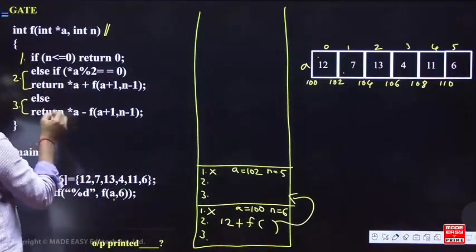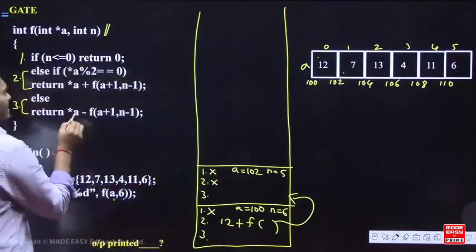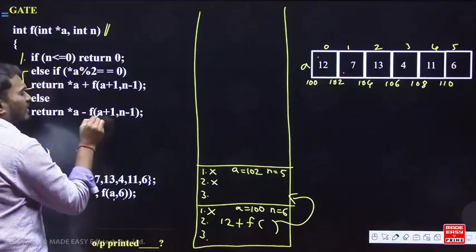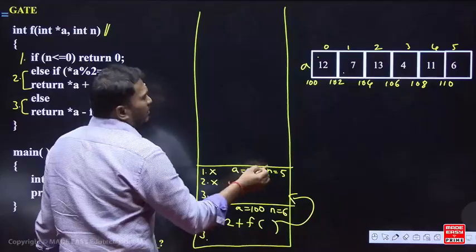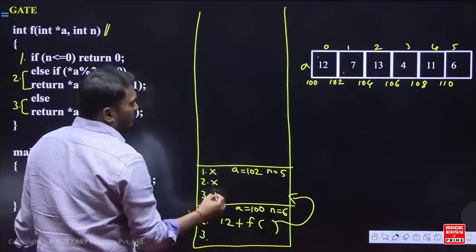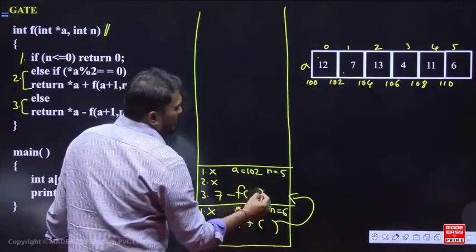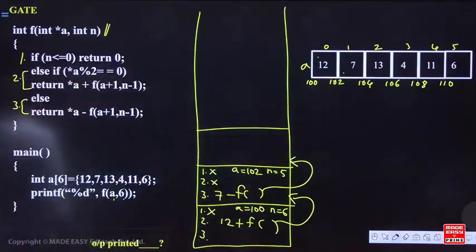If it is false, you execute the third statement: star a minus f of a plus 1 comma n minus 1. Star a is the value at the location 102, so that is 7 minus f of a plus 1 comma n minus 1.